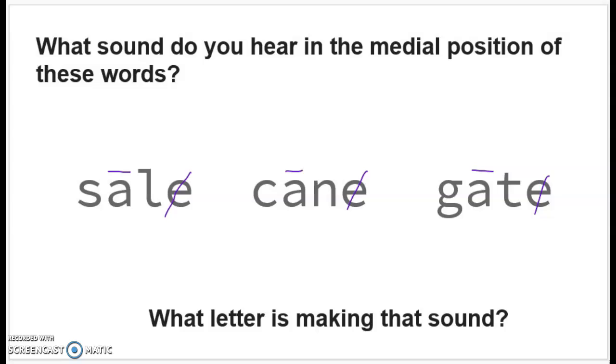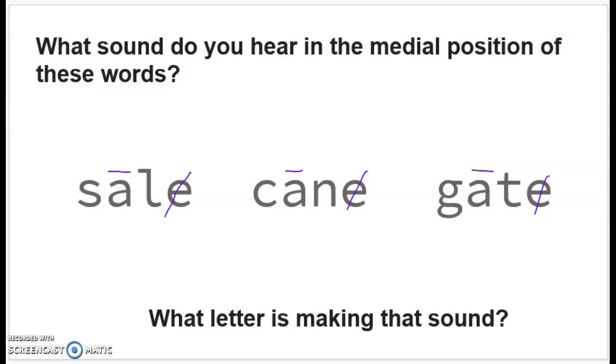This word has an A in it, but it also has a sneaky letter on the end. What letter do we know can be sneaky? Yes, sneaky E. Ready for the clues for our card?